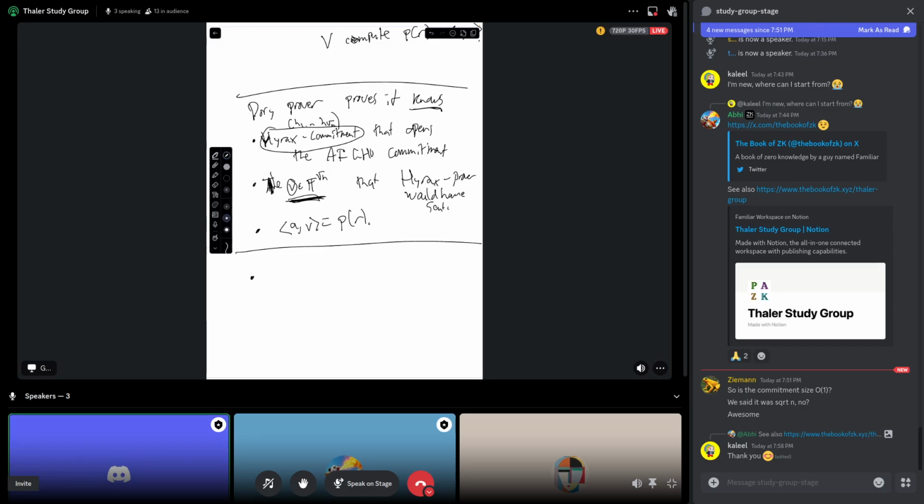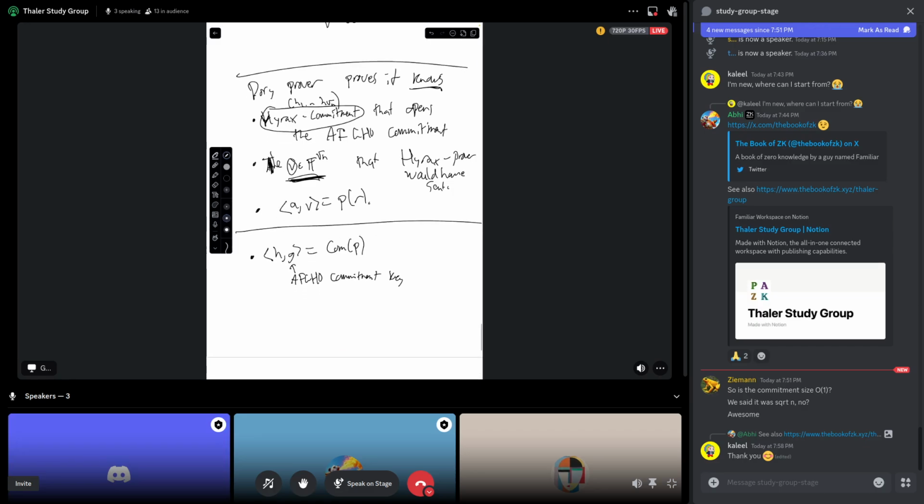The Hyrax commitment opening the AFCO commitment is equivalent to the inner product of H and G, where G is the AFCO commitment key, equals the Dory commitment, which, again running out of letters, I just call com p. P was the original committed polynomial.